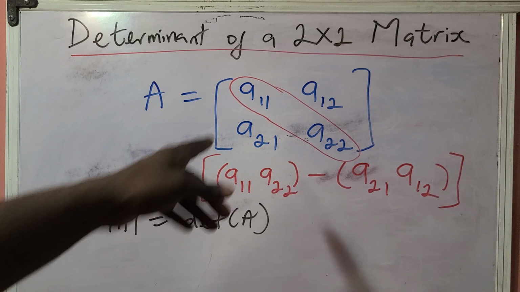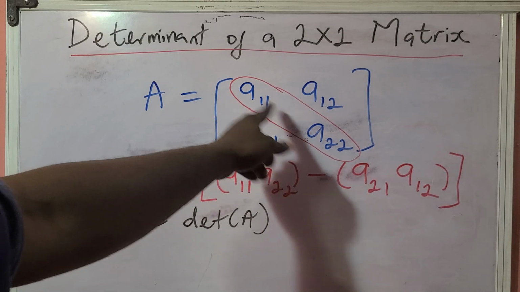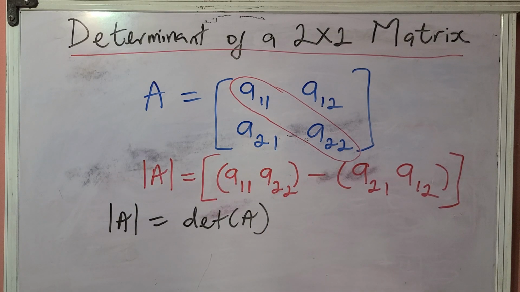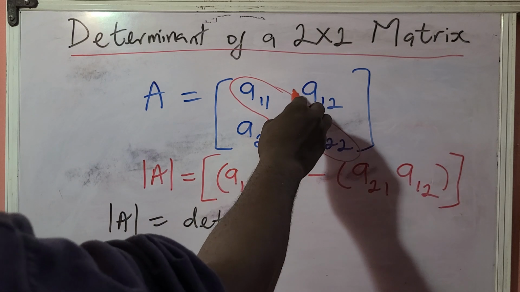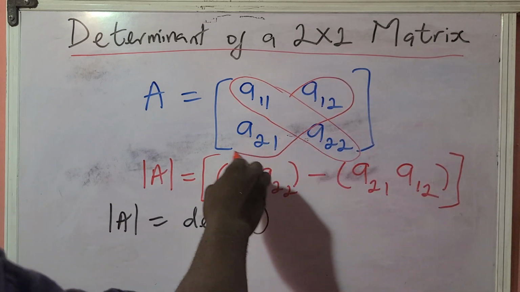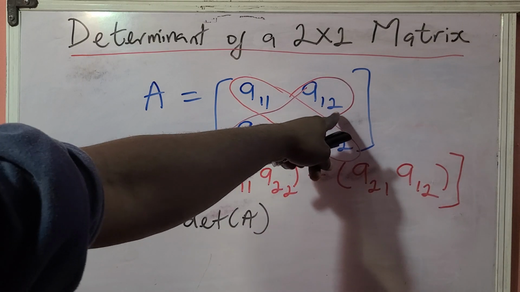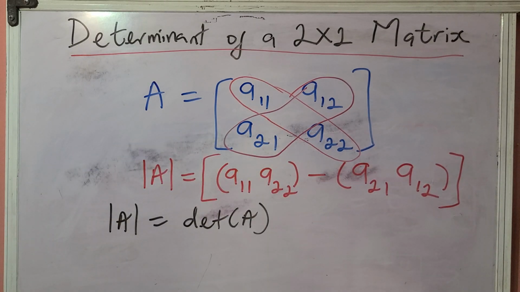So A11 and A22 are the elements of the leading diagonal, while we have the other diagonal as this. So we have A21 and A12 as the elements of the other diagonal.